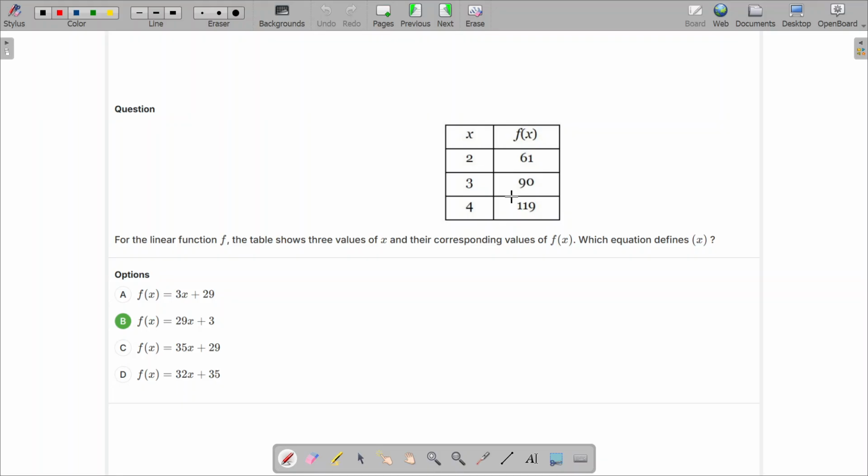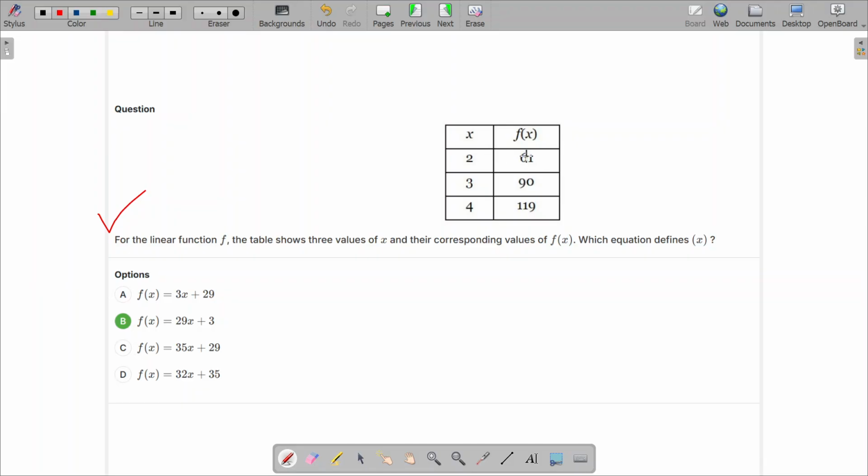Oh, interesting question. Now in this question, what are they saying? For the linear function f, the table shows three values of x and their corresponding values of f of x. Which equation defines f? One by one, either you can plot the values or you can find out the slope. Both will work.